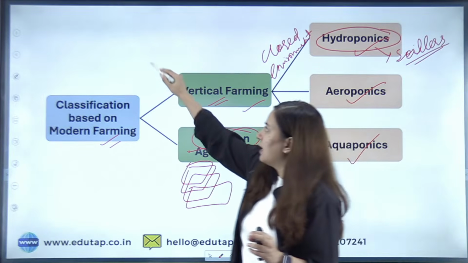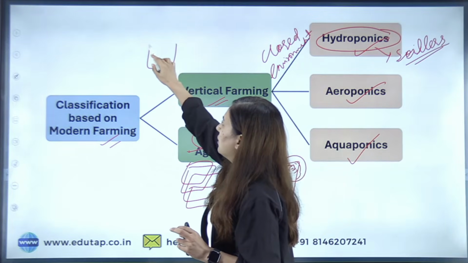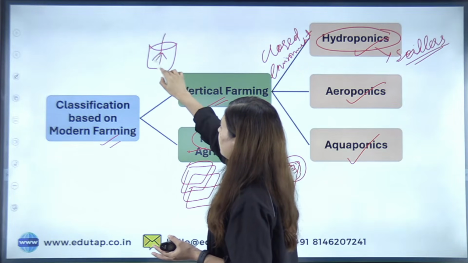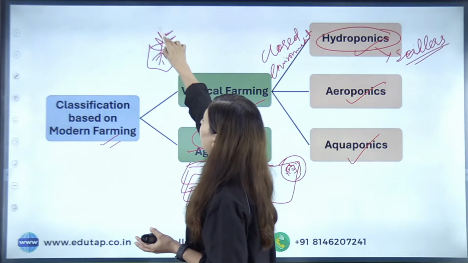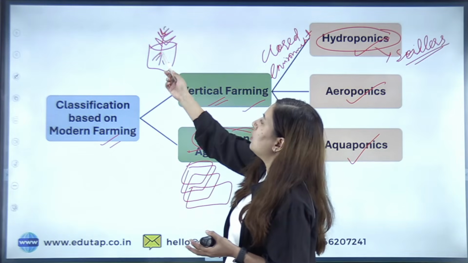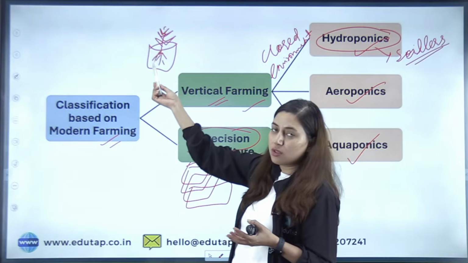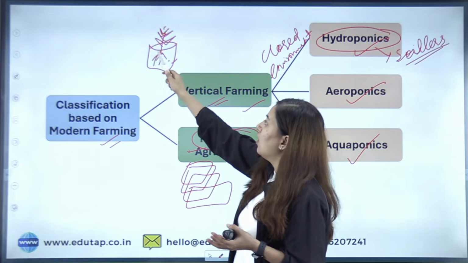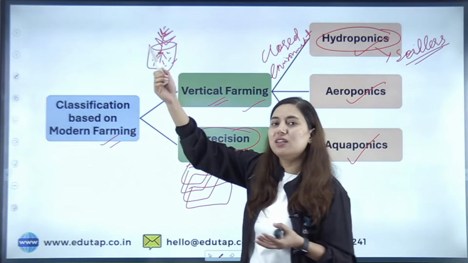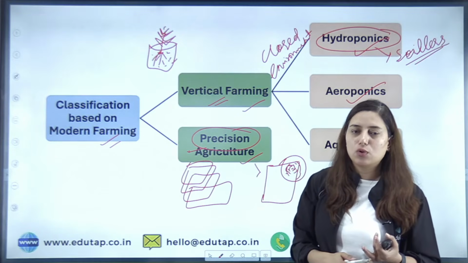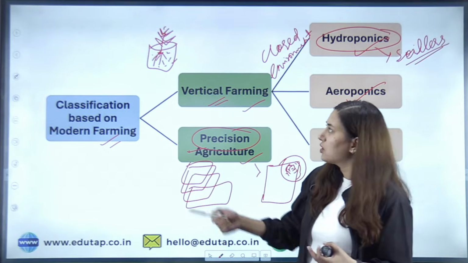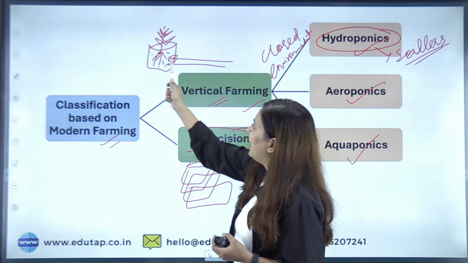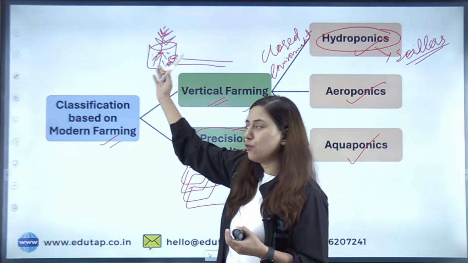So what is here? You have this pot where you have planted where you want to grow the crop, right? The roots of the plant can either be hanging, or supported by any inert material that I have told you. Coco peat, perlite, vermiculite can be used, and you will maintain a constant supply of water.